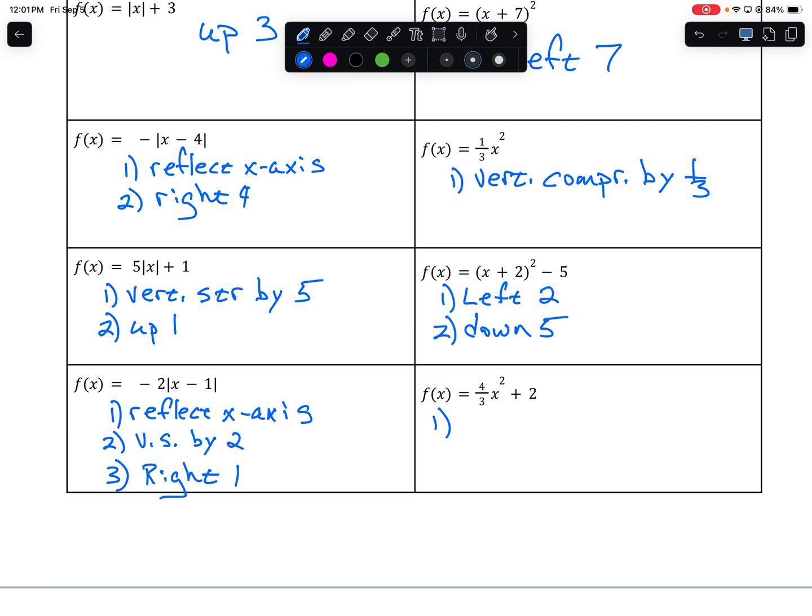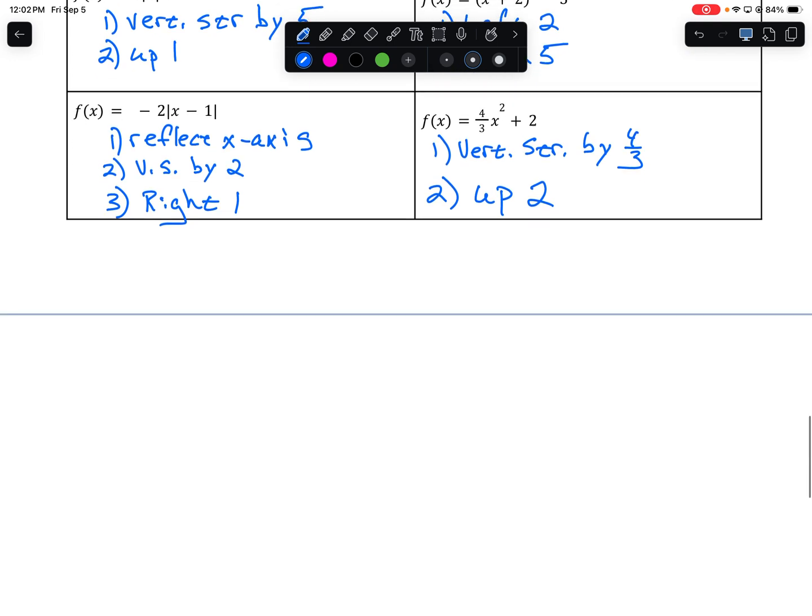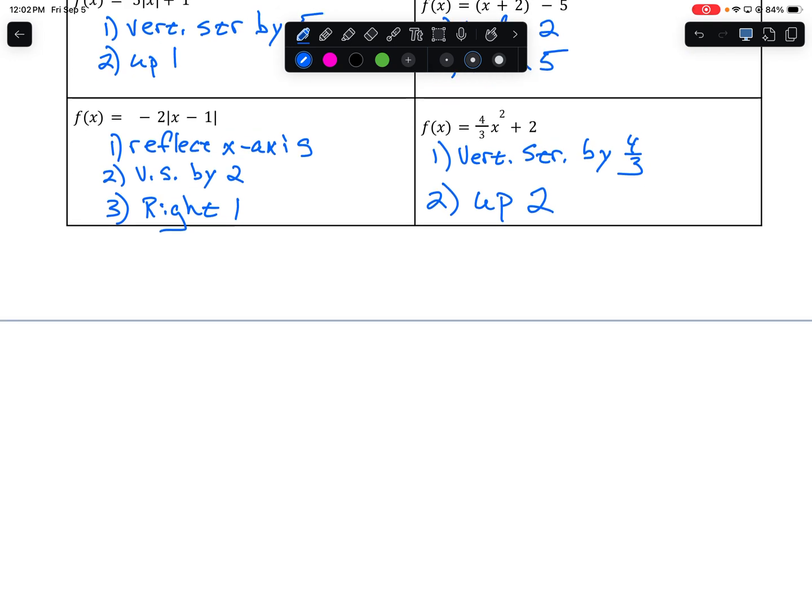Yes or no? Yes. So that's a vertical stretch by 4/3. Vertical stretch by, it's all John's fault, 4/3. Okay. +2 at the end goes up 2.